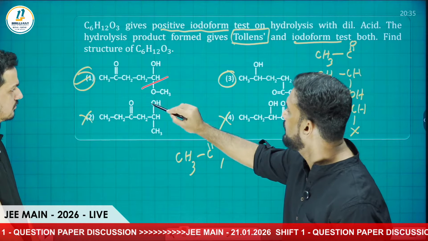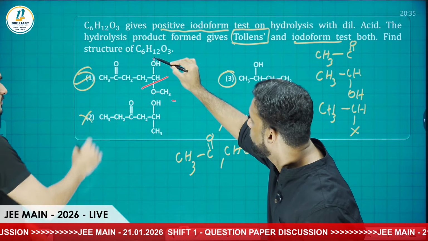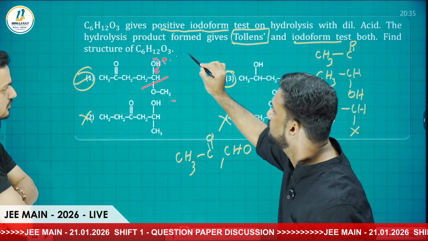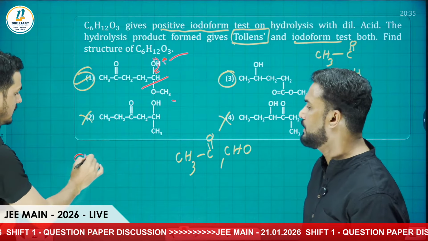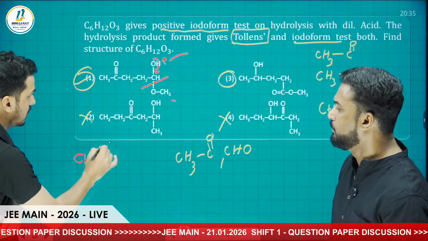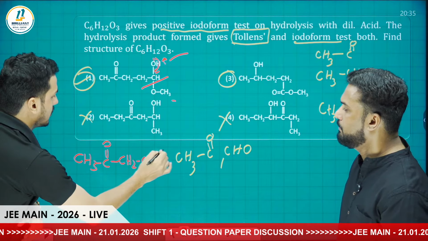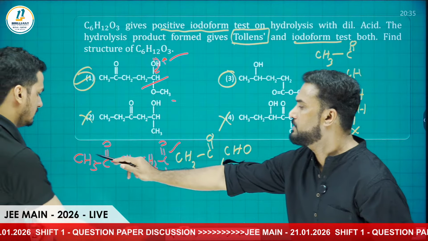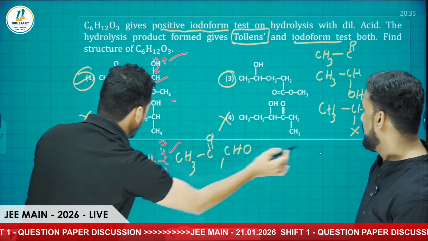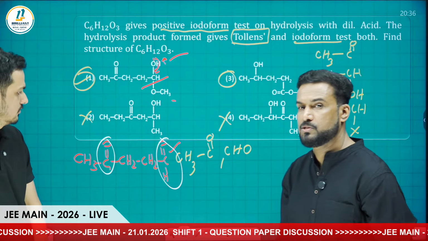This will be removed as CH3OH. Then the lone pair will enter here and H plus will be removed, which will be C double bond O. You can write CH3, C double bond O, CH2, CH2, C double bond O, H. Which means an aldehyde and a CH3CO part are both there.